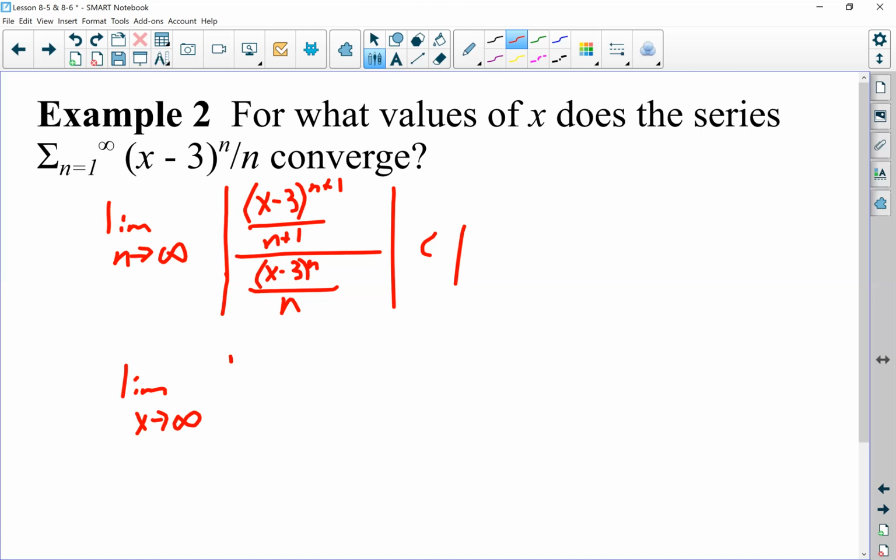That's the same as x minus 3 to the n plus 1 over n plus 1, times n over x minus 3 to the n.